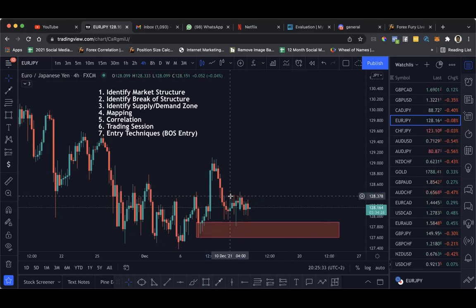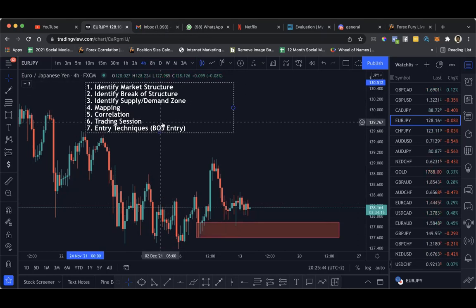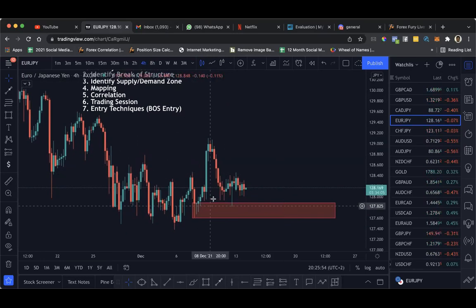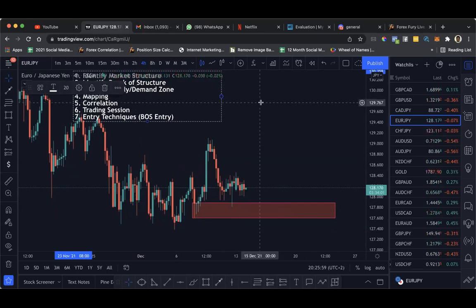And then step 4 is mapping. If you are picking this zone on the 4-hour chart, based on our mapping, which time frame are we going to enter the trade on? We have picked this demand zone on the 4-hour chart. Based on our mapping, which time frame are we going to?